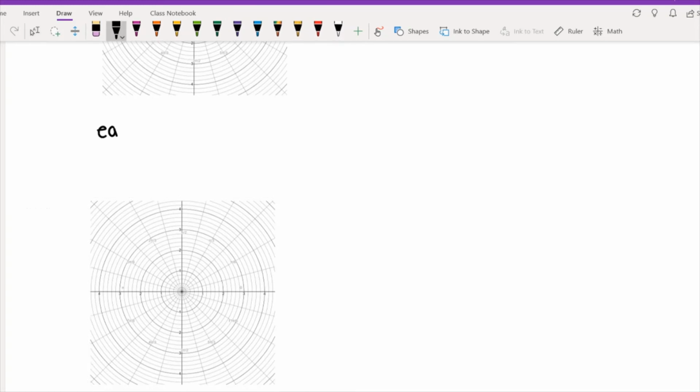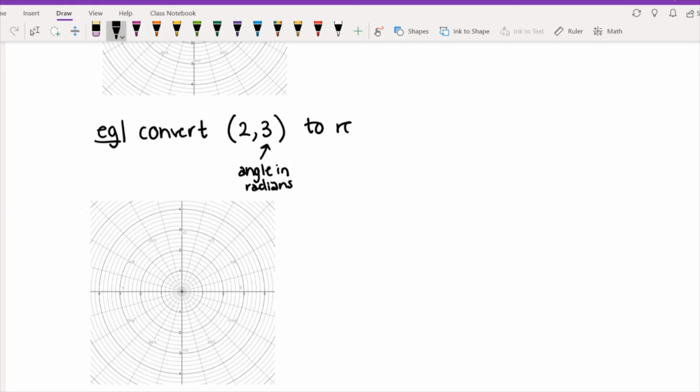So in this example, we're going to convert the point (2, 3), where 3 is an angle in radians, to rectangular coordinates. So what does the angle 3 radians look like, more or less?